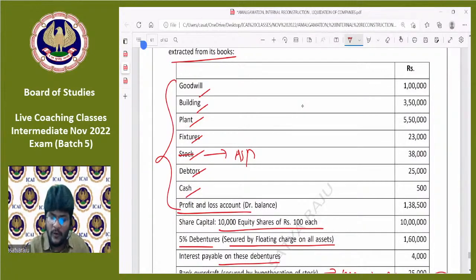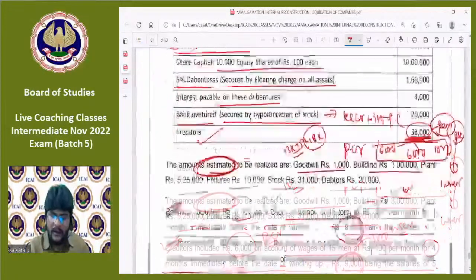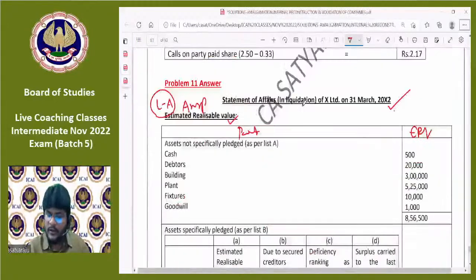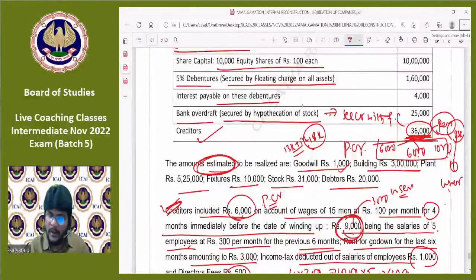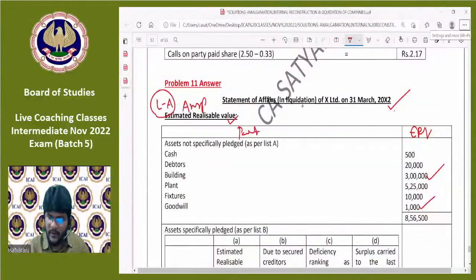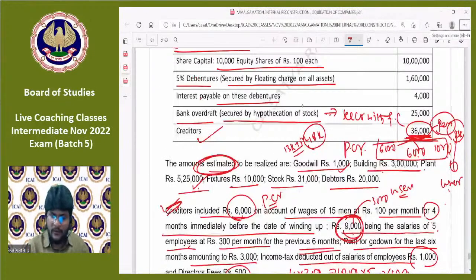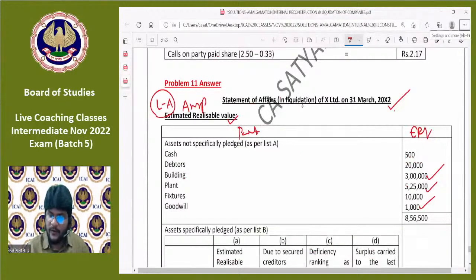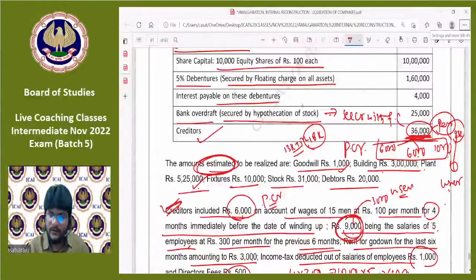So start with goodwill. How much is given for the realization of different assets? Goodwill 1,000. Yes, considered here. Next, building 3 lakhs, considered here. Next, plant 5,25,000. Don't check with the balance sheet values. Check with the estimated realizable values. Plant, how much was given? 5,25,000. Fixture was given at 10,000. Stock 31,000.